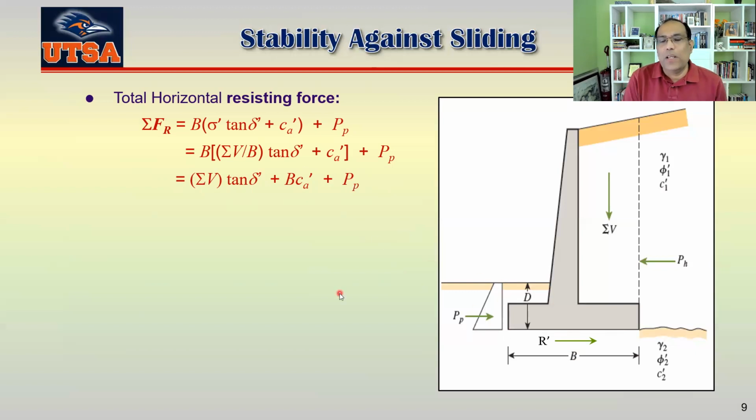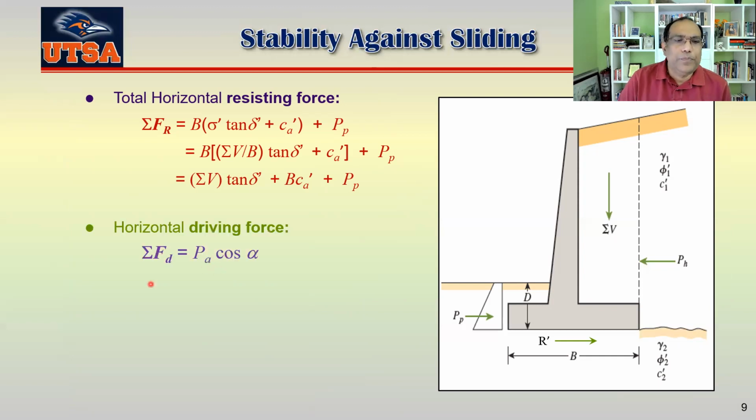In many cases, if this depth D is small, then we can ignore PP. But in your exam, if I don't tell you to ignore PP, then you have to consider that one, okay? Now let's move forward.